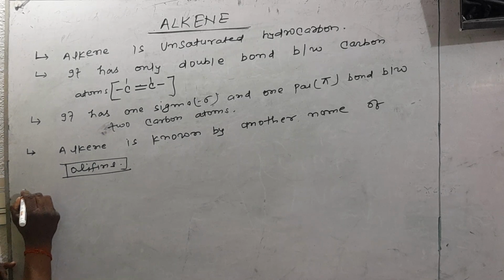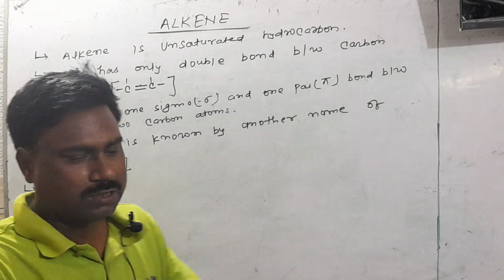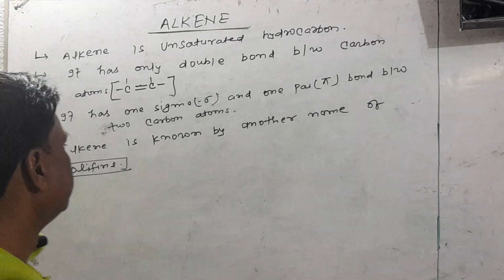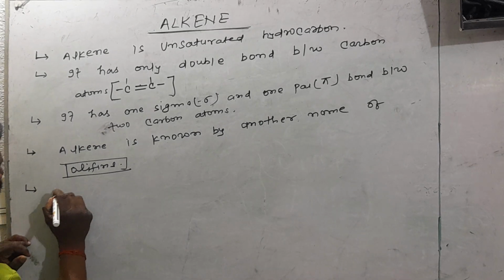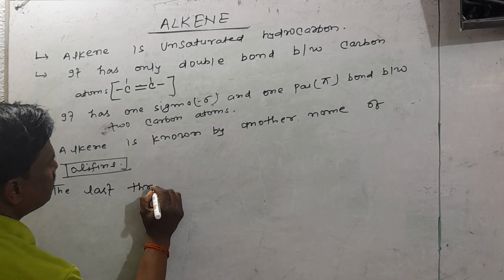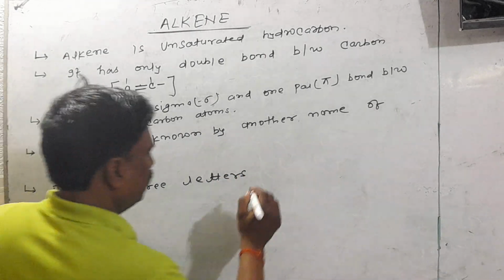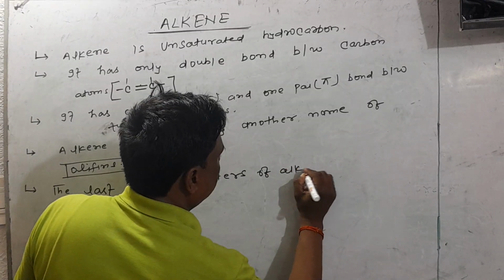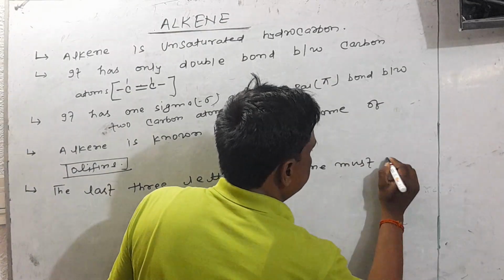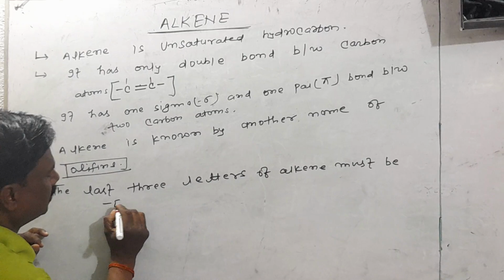The next point is you must add the suffix ene in the last three letters of any compound of alkene. So the last three letters of alkene must be ene.